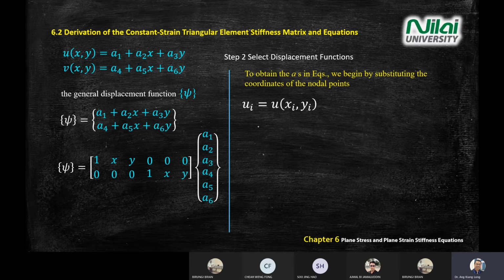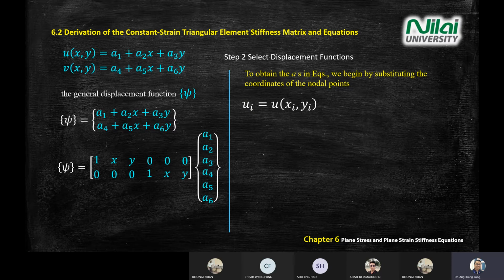Now, the objective of the next slide is to find what is A. So we start using the coordinates that we have in the red box just now. For example, we use the I location.